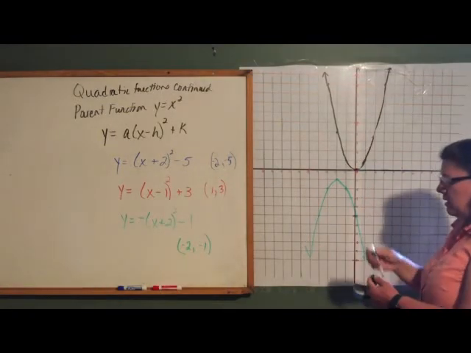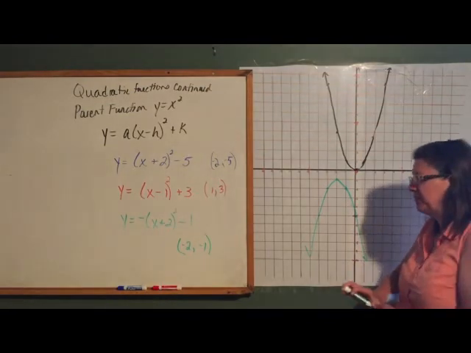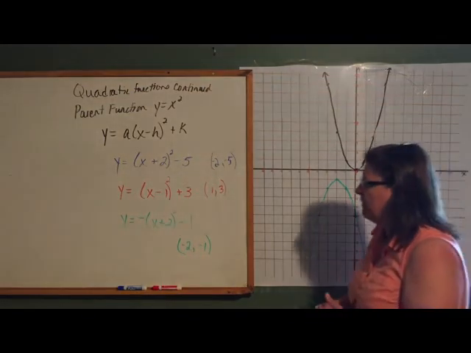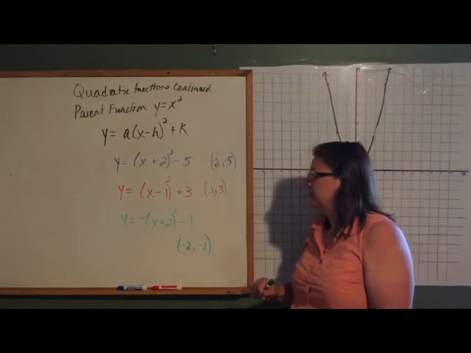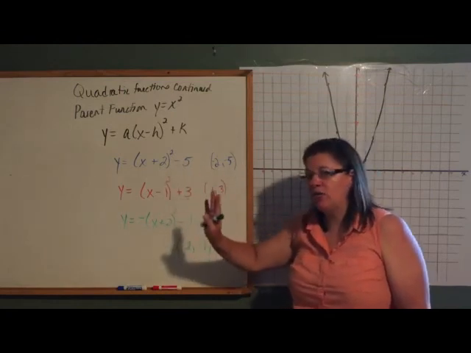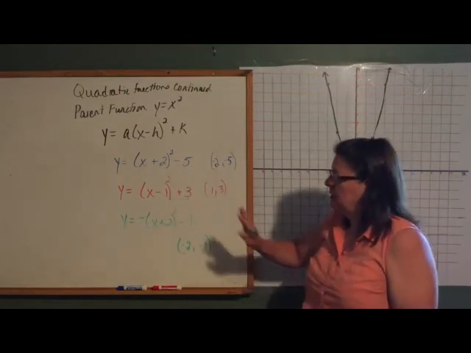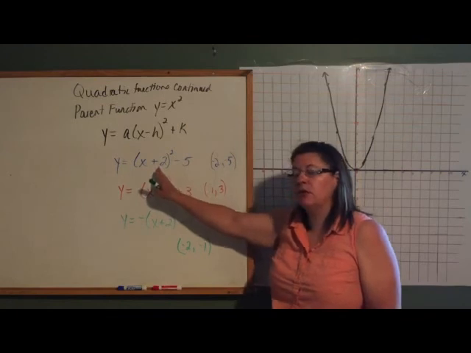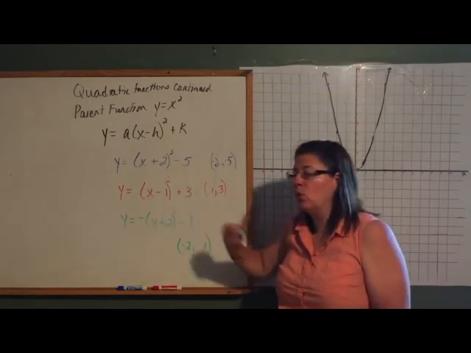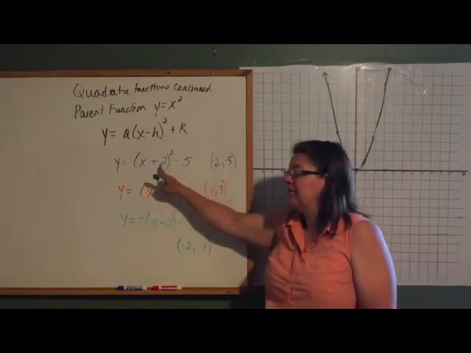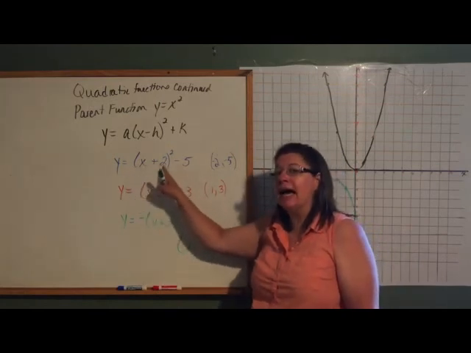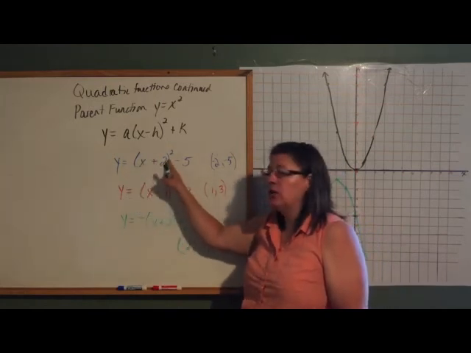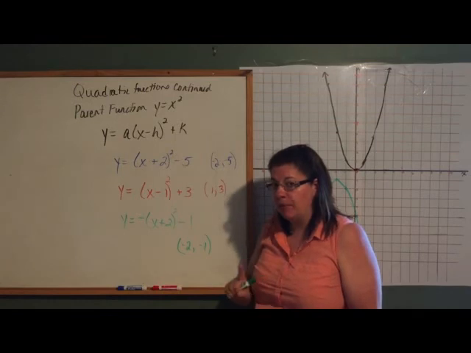So here's what you need to take from this. Anytime you have something in vertex form, and this is always going to be true, whatever is inside the parenthesis is going in the opposite direction of what the sign says. And whatever is inside is going to move left or right, opposite what you would think.